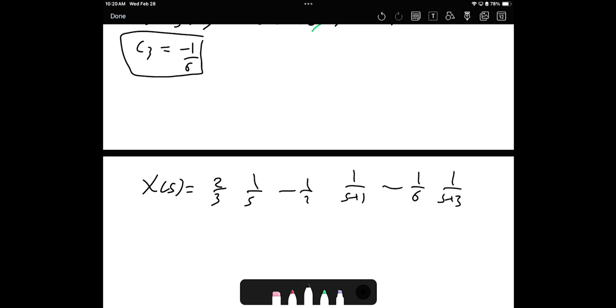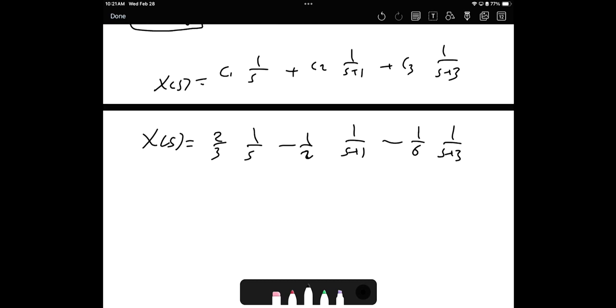We just substituted the c's, because X of s was, again, C1 times 1 over s, plus C2 times 1 over s plus 1, plus C3 times 1 over s plus 3. Then I just substitute the c's. Now I'm ready to do Laplace inverse.